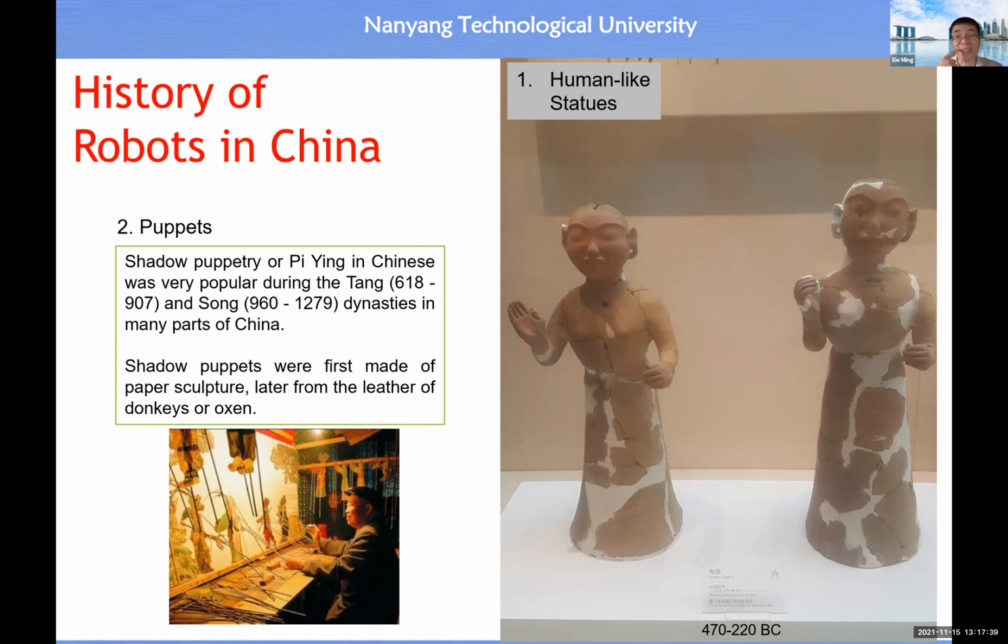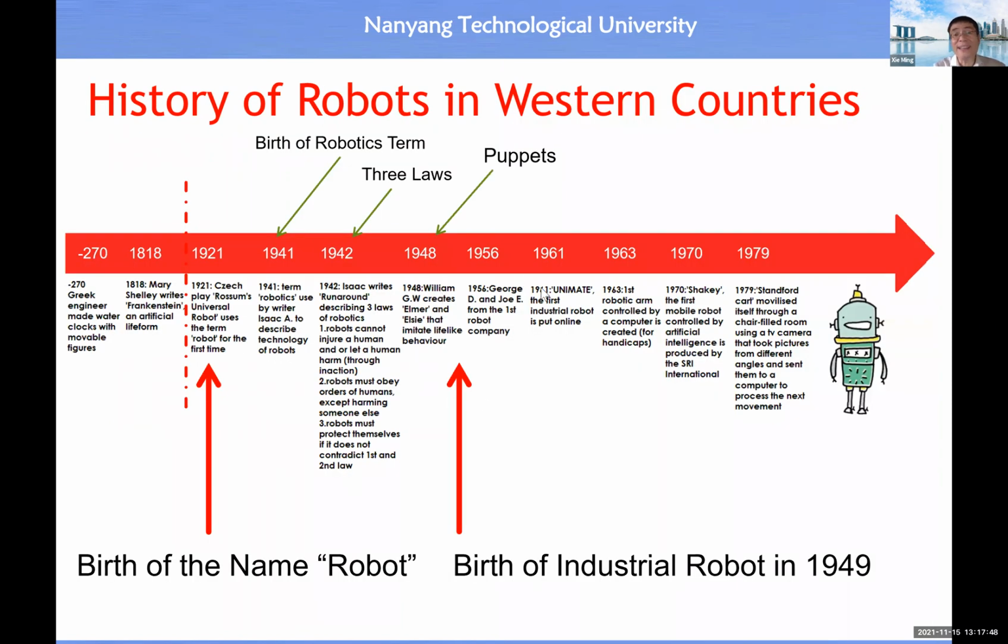You can see that this is the first generation of a teleoperated robot. Then we have a second generation of a teleoperated robot.